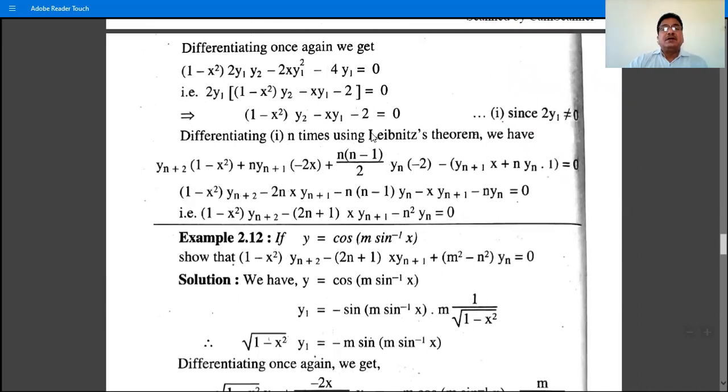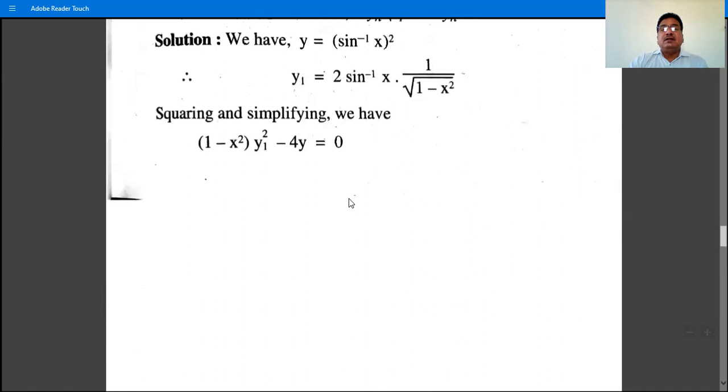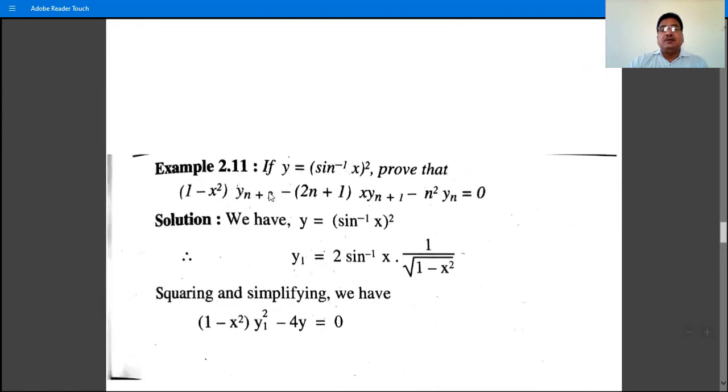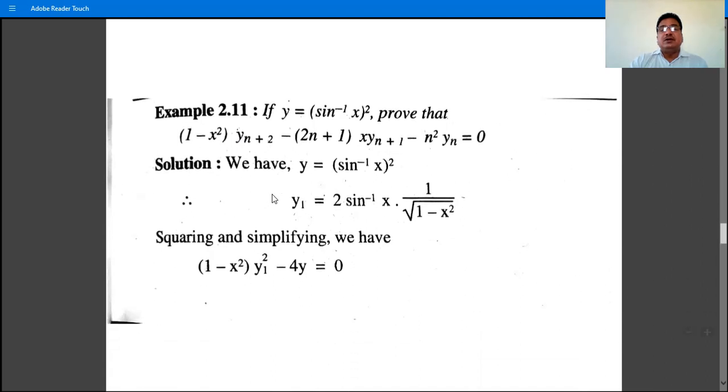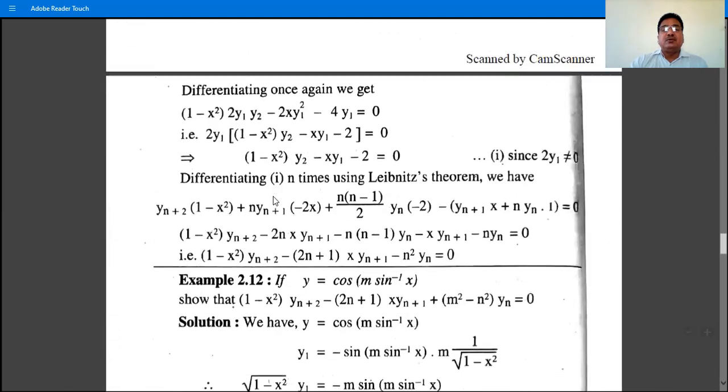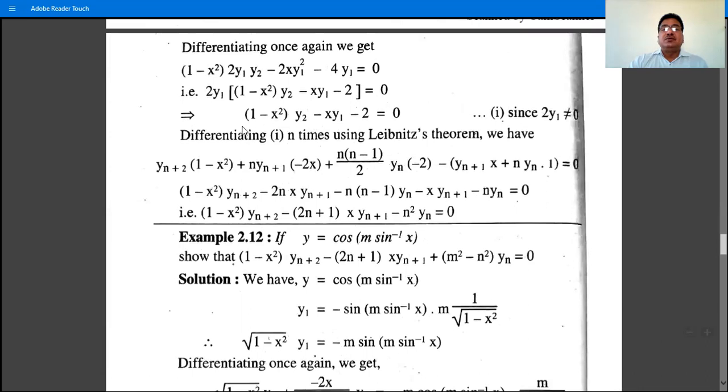If you observe this proof, the highest order derivative is of order n plus 2. So differentiate two times and then apply the Leibniz theorem. So differentiating this equation, denoted by first, n times using the Leibniz theorem.